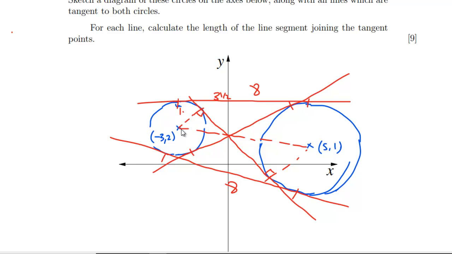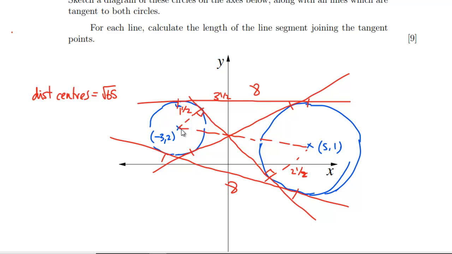what we've got. That's 1 1/2. That is 2 1/2. And we can work out, oh, we'll be all right then, won't we? Because we can get the distance between the centers. So what's the distance between the centers? It's going to be, we've got a change in y of 1 and a change in x of 8. So Pythagoras is going to give us root 65.